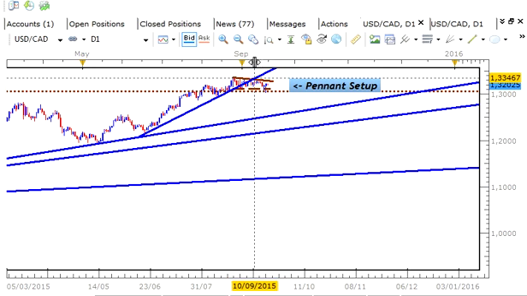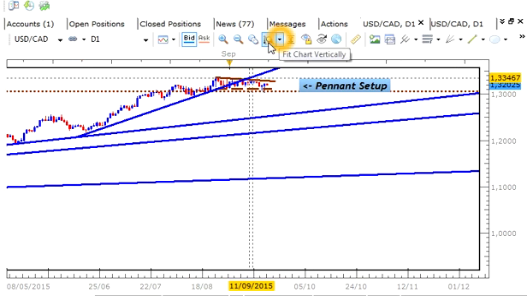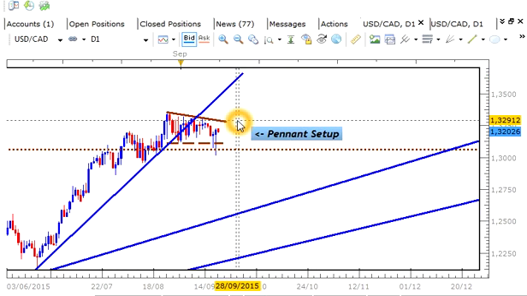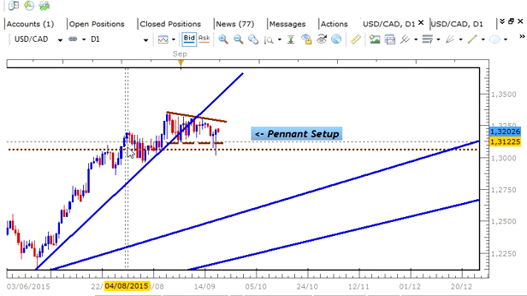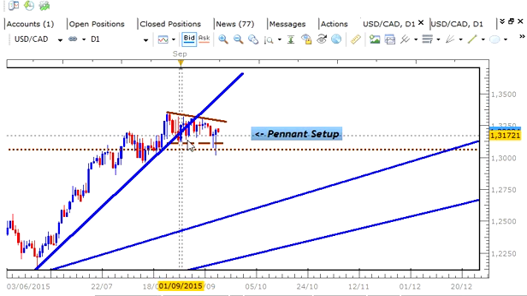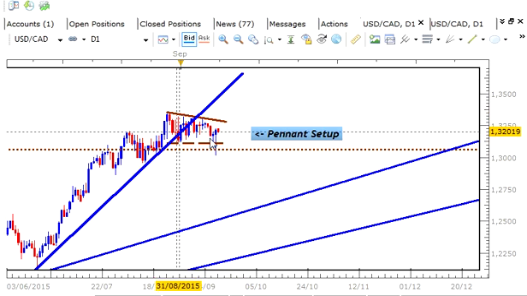So with that in mind, it explains the sideways movement and the pattern of this pennant that now appears to be formed.